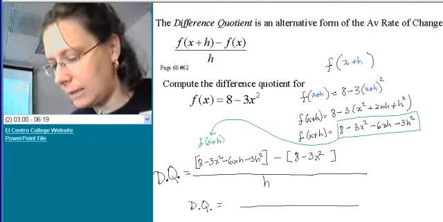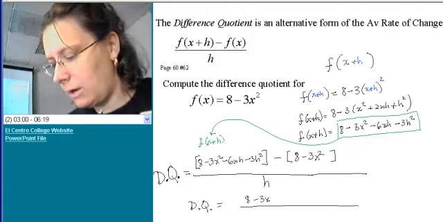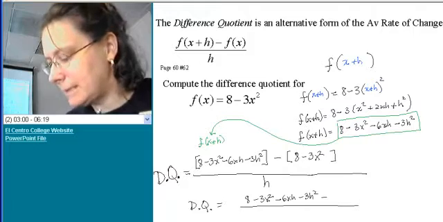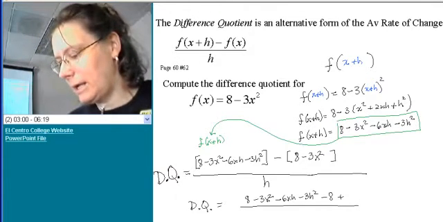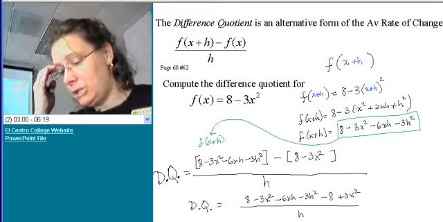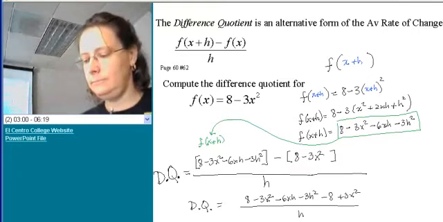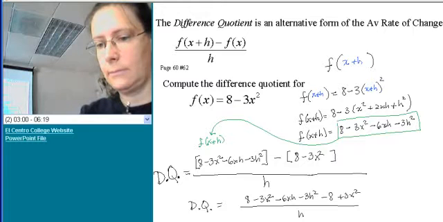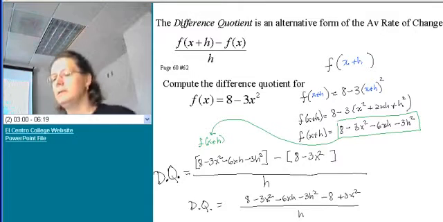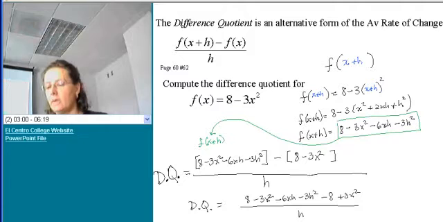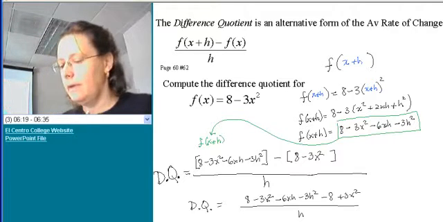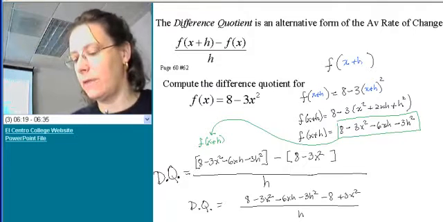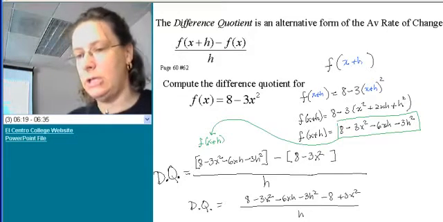So we're going to get 8 minus 3x squared minus 6xh minus 3h squared minus 8 plus 3x squared, divided by h. Some terms go away, at least the 8's go away, the 3x squareds go away. And all that's left are the 2 terms involving h.